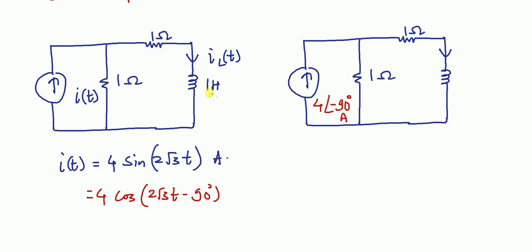For inductor, Laplace transform of inductor is Ls, L is 1, so it is S. And current through inductor is IL. Now we can apply current divider rule to find IL.